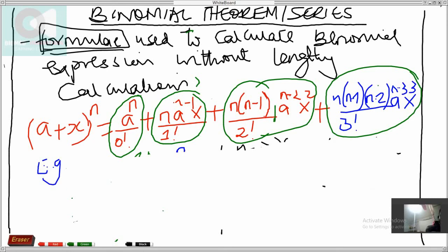Number, use the binomial theorem formula. And in our case, let's just use a plus y raised to 5. Our n is equal to 5.